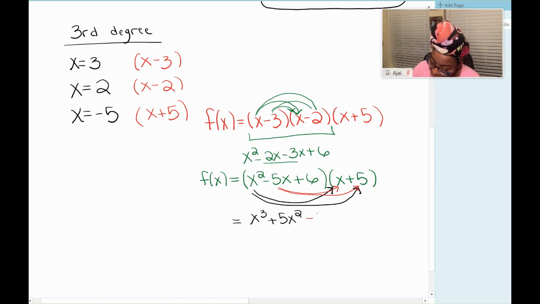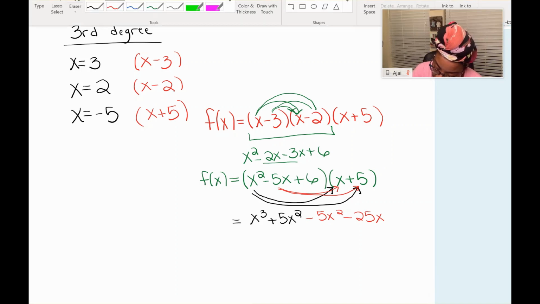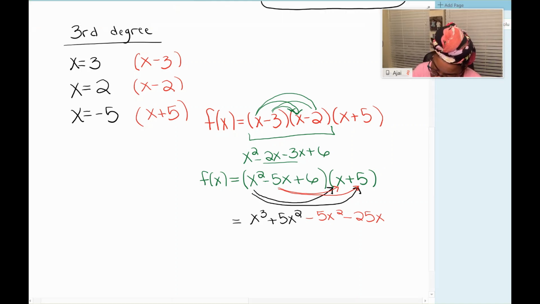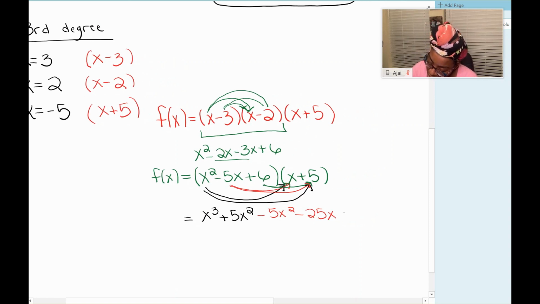So that's going to be negative 5x squared and then negative 25x. Okay, and then I'm going to pick another color. Let's do, I guess we can do green. Okay, I take the green and I distribute this 6 is going to go here and here. Okay, and that's going to give me plus 6x plus 30. So now I've distributed everything that I need to distribute.